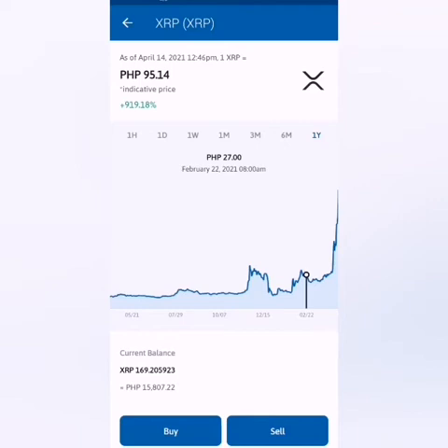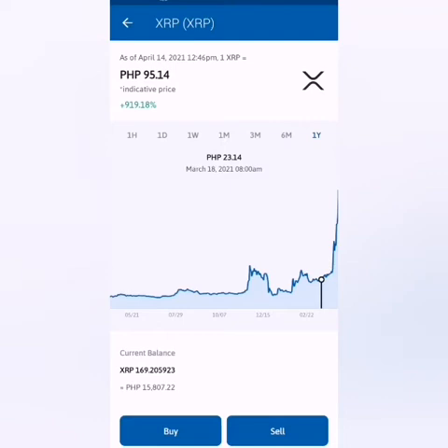So right now, all my assets are at, I think, 68 pesos, 69 pesos. So I've already profited from that because of the 95 pesos increase. I'm still banking on the speculation at the end of the week that it will reach $2 to $3. So I'm not going to take profit right now yet.